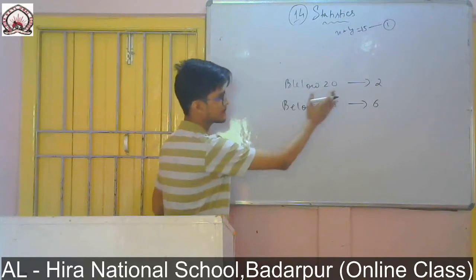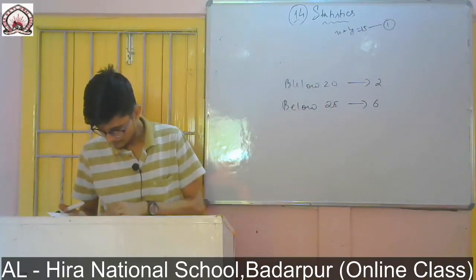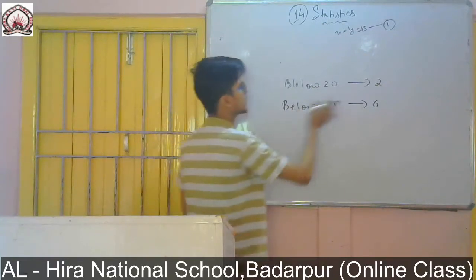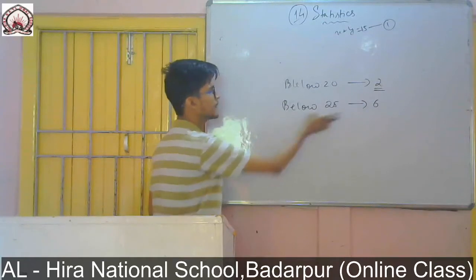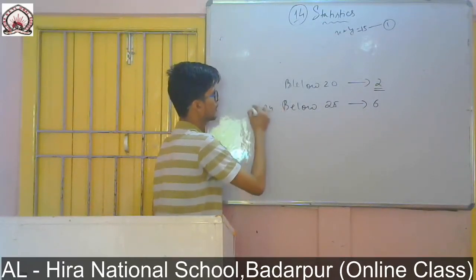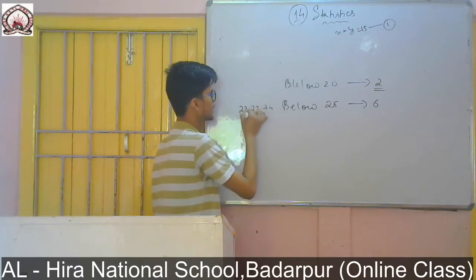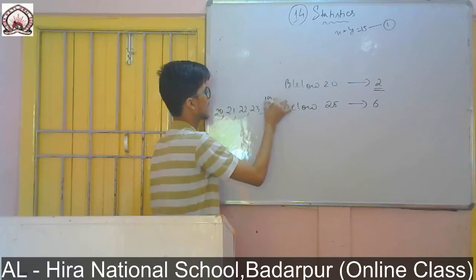Below 20, that means here it is given about the age group, I think. Yes. So below 20 years only 2 policy holders were there. Below 25, 6. So below 25 means it may be 24, 23, 22, 21, 20, then 19, like this it will continue.